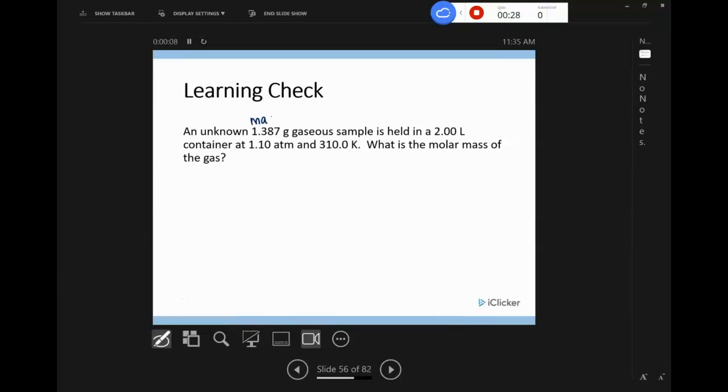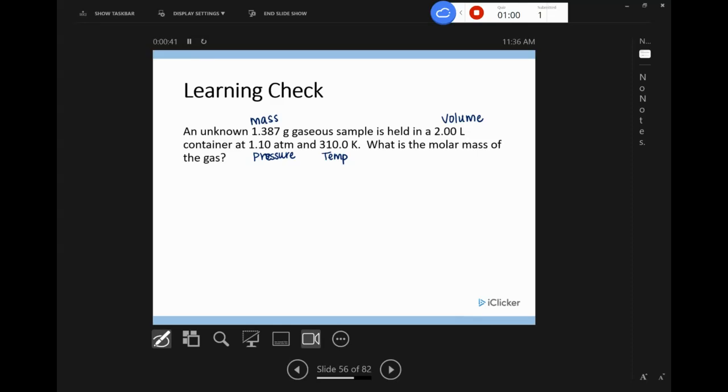Okay, so we've got mass. We have an unknown sample, so we don't know the molar mass of the sample because we don't know what gas this is. It's held in a 2.00 liter container, so here's our volume. It's at 1.1 atm, so we've got pressure, and 310.0 Kelvin, we have temperature. We're looking for the molar mass of the gas.